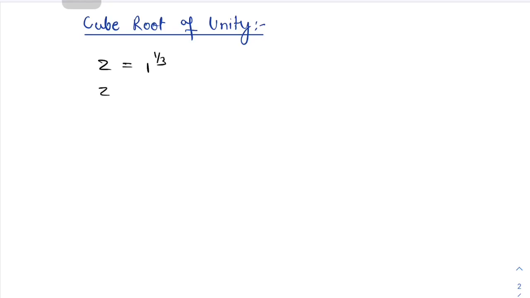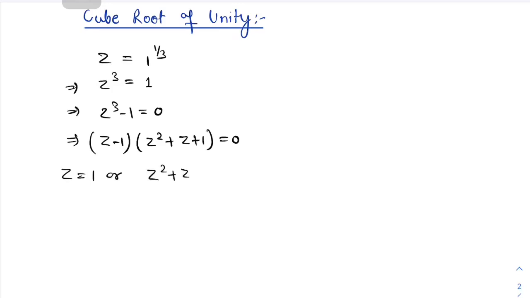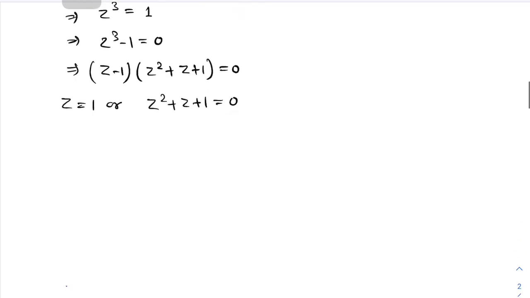If I cube both sides, we get z cube equal to 1, or z cube minus 1 equal to 0. We can factorize this by using the formula for a cube minus b cube. We get z minus 1 into z square plus z plus 1 equal to 0. So either z minus 1 equals 0, or z square plus z plus 1 equal to 0. This is nothing but a quadratic equation.